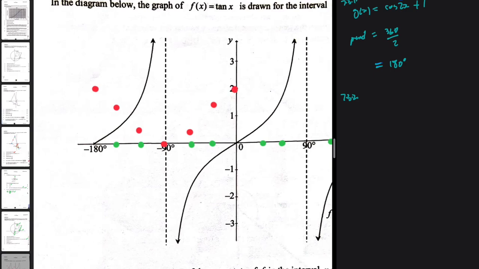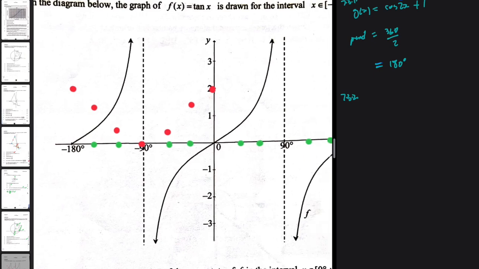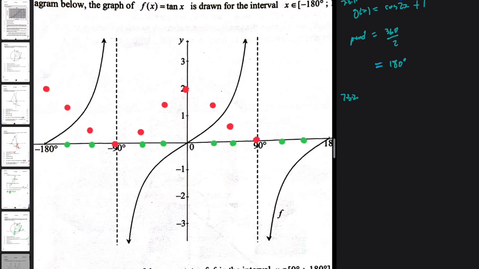Yes, we have 2. I think we can already see the trend. We can already see what is happening here. And then from there, I want to substitute 30. I get 1.5. When I substitute 60, I get a half. When I substitute 90, I get 0, right?